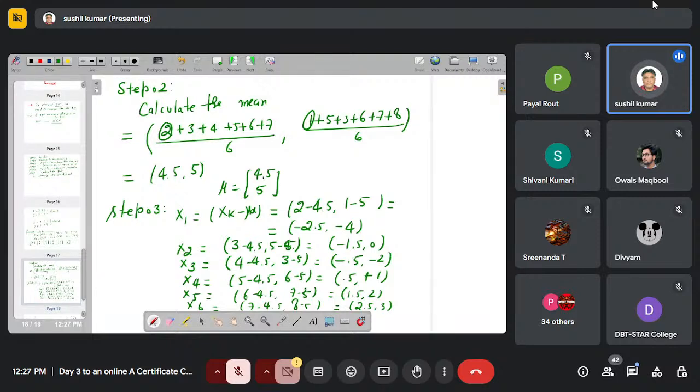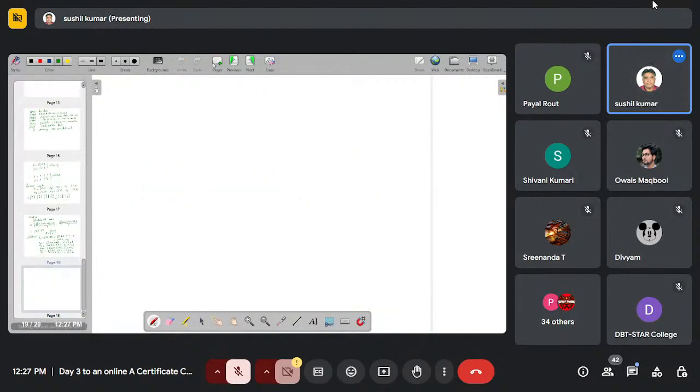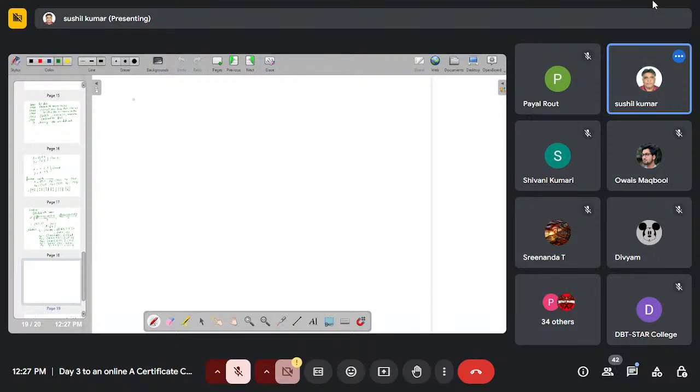So like that you will get the vectors. After this calculation, you have minus 2.5 and minus 4. The second vector is minus 1.5 and 0.